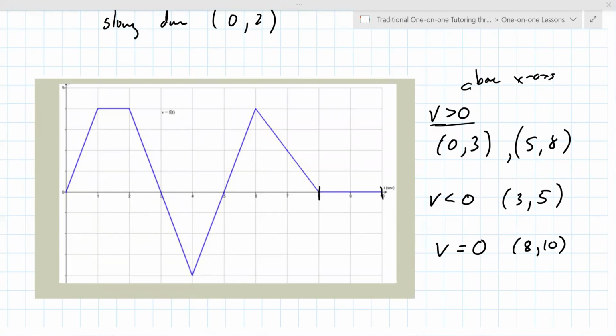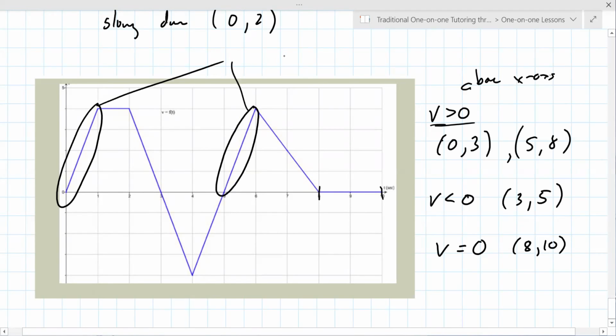So then it's speeding up from 0 to 1. That's right. And then 3 to 4, and then 5 to 6, right? Yes. So this region right here is speeding up.